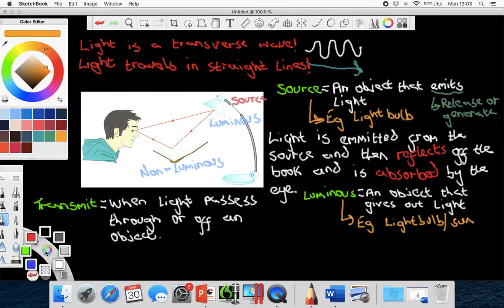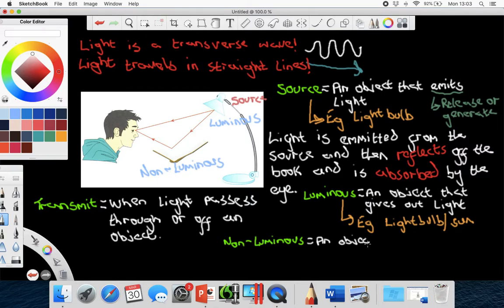So non-luminous is an object that does not give out light.